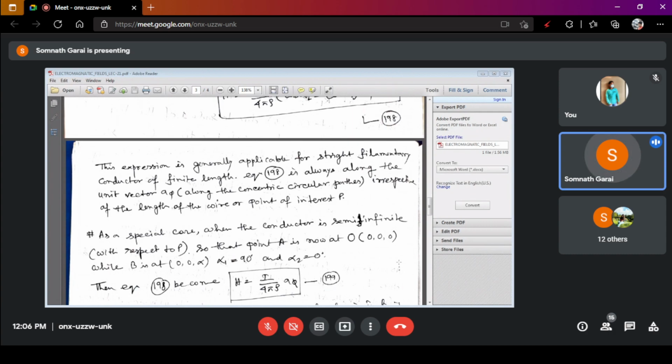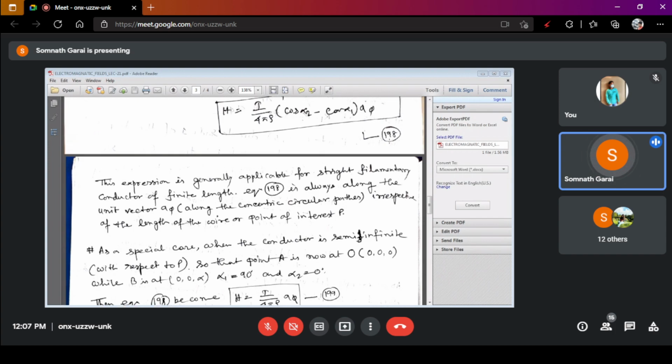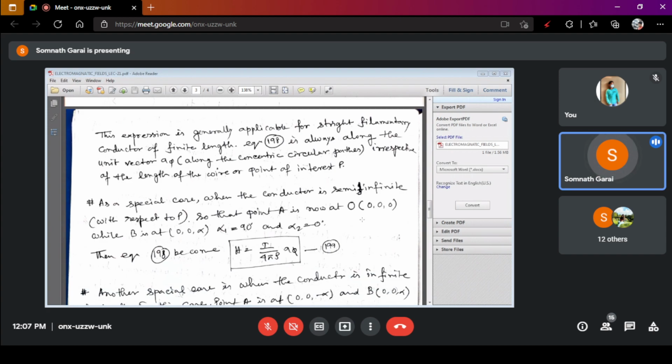That means a concentric circular path around the current direction. That means if the current flows through the center of the circle, then the direction of this magnetic field intensity follows the circumference of the circle. Now, this expression 198 can be modified for special cases.